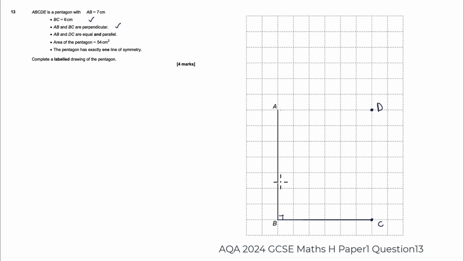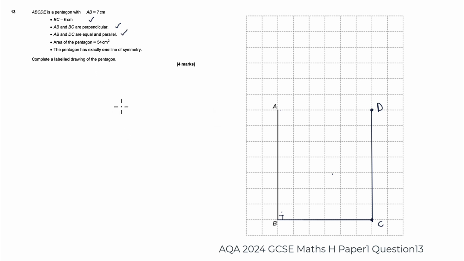Same length as AB and in the same direction as AB. So we'll get the ruler into this and draw a nice straight line between C and D. So far so good. That's the third piece of information used up.